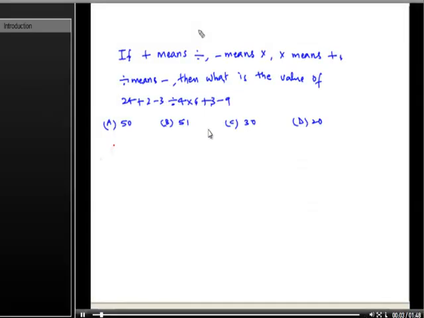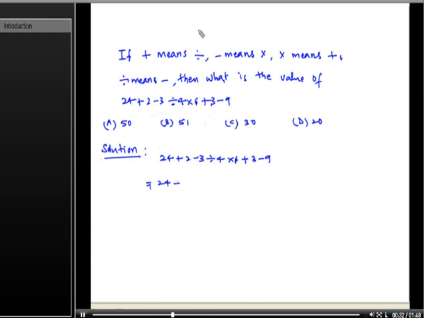Given question is, if plus means divided by, minus means into, into means plus, divide by means minus, then what is the value of 24 plus 2 minus 3 divided by 4 into 6 plus 3 minus 9? Let us begin with the solution. Following the instructions given in the question, we'll get 24.